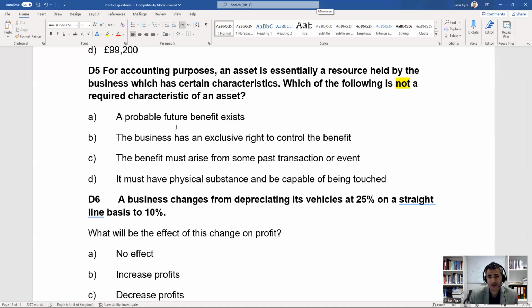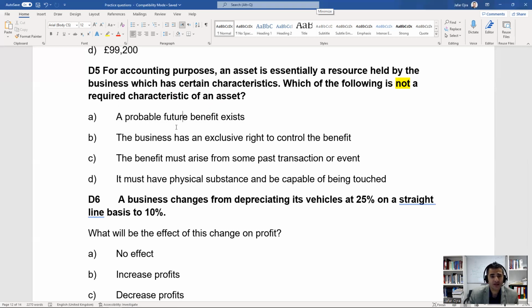This is absolutely a requirement of assets. And the benefit must arise from some past transaction or event, and that is correct also. The characteristic needs some past event for the benefit to arise. So that is a requirement.